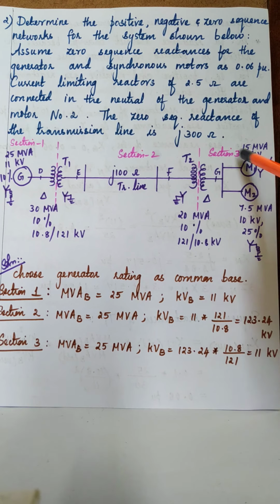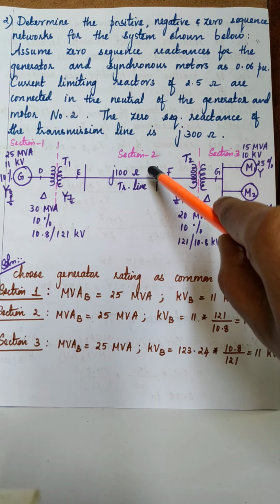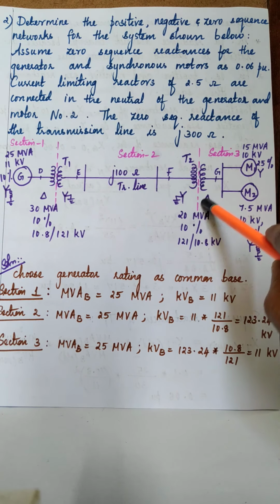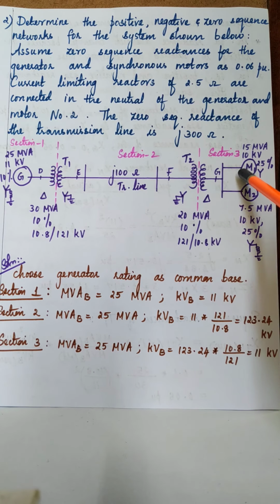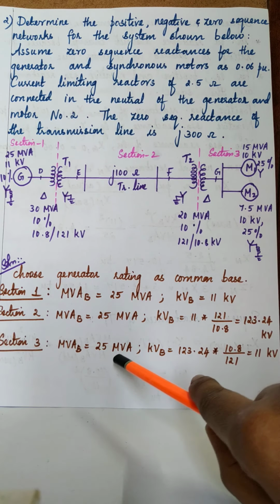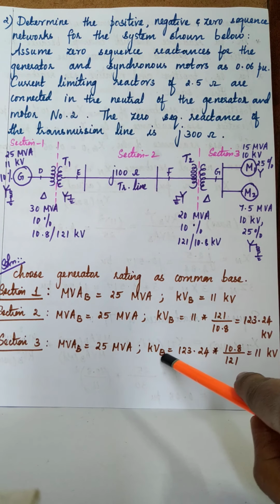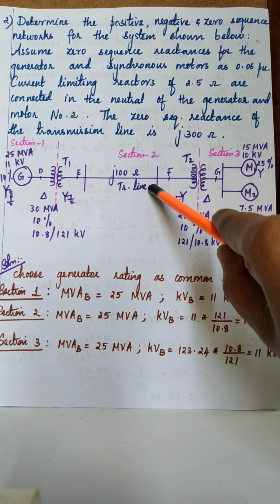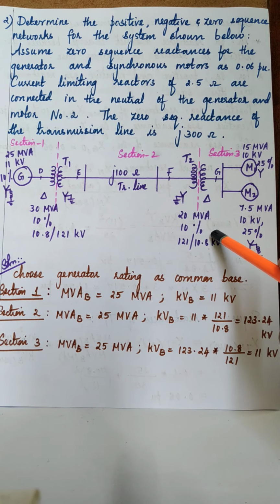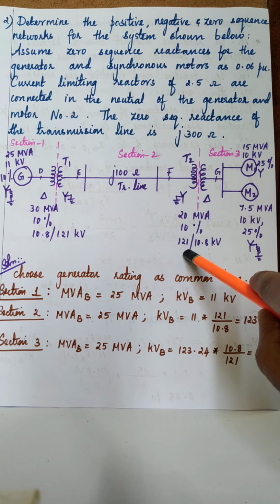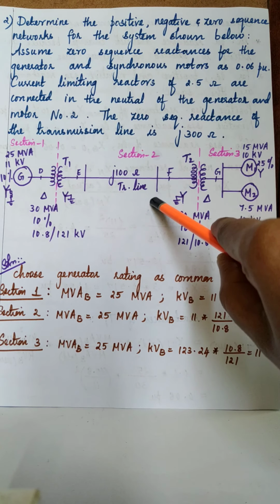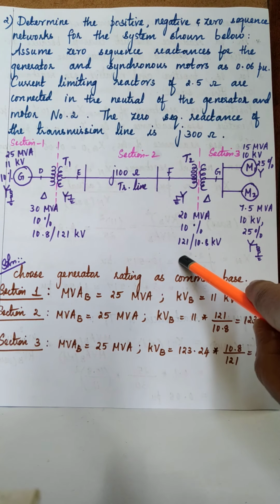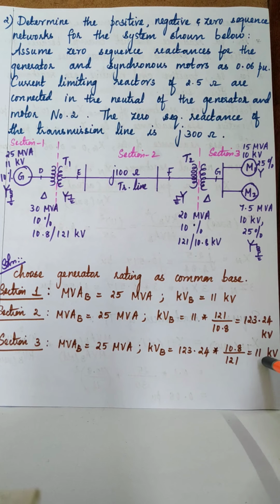Coming to section 3. With respect to section 2, as well as the transformation ratio of this T2, you have to calculate the kVB of section 3. MVAB of section 3 remains the same, 25 MVA. kVB is equal to section 2's kVB, 123.24 into 10.8 divided by 121, which is 11 kV.